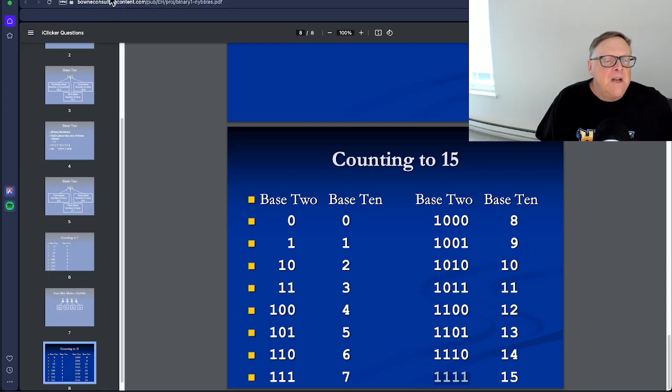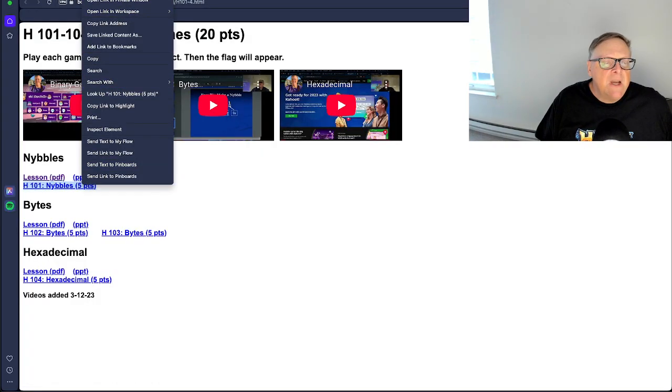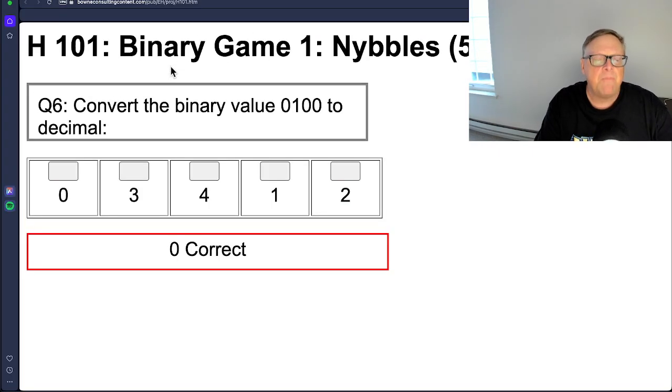There's a game you play to practice this here, and you have to get a certain number of them right to find a flag. So this is 0, 1, 0, 0. What is that in decimal? Just put it in the chat. If you want to play, I'll wait a few seconds, see if somebody has an answer. It may be that everyone has fallen asleep.